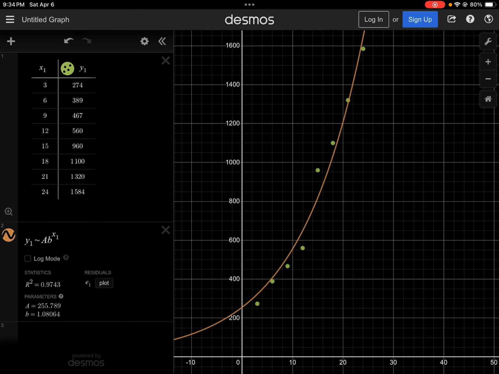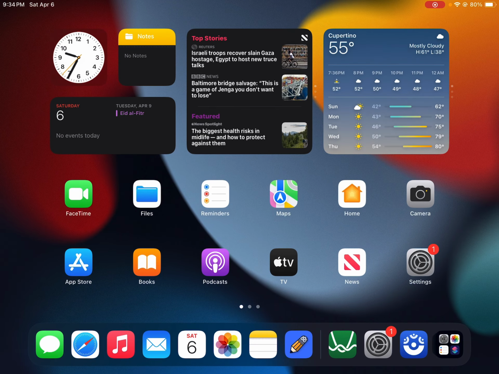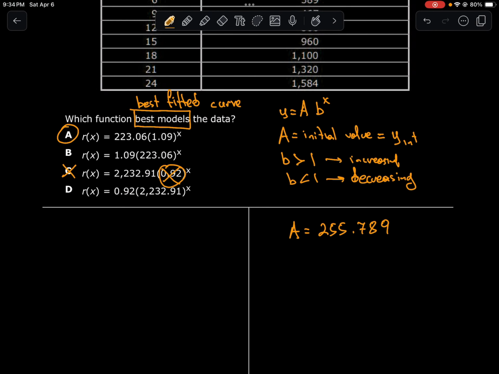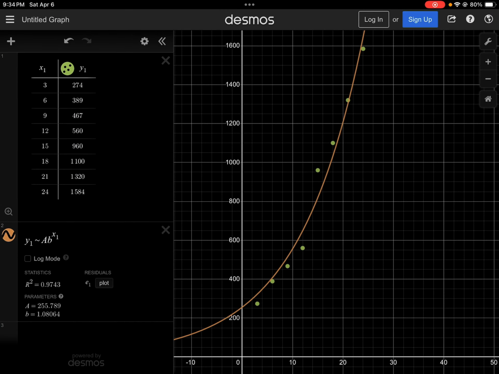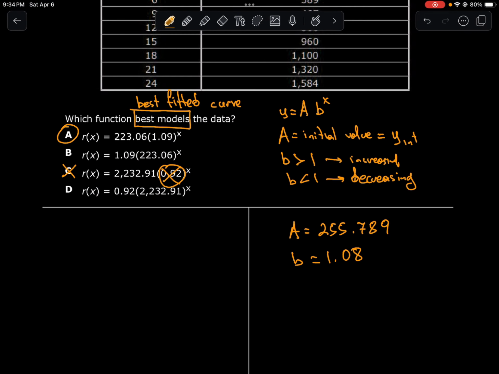And then B is 1.08, and I'm not sure if I really need all of it, let's just write it, 0.64. I see here everything is rounded to the second decimal, so I'm not gonna keep everything, and I'm gonna round this to 79.